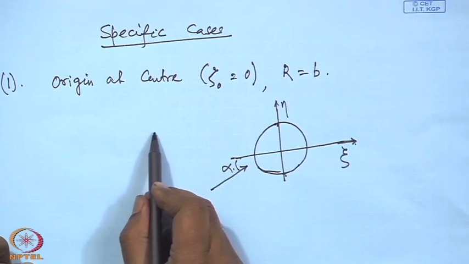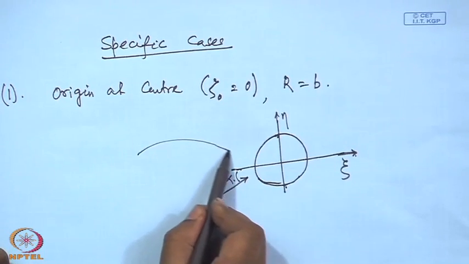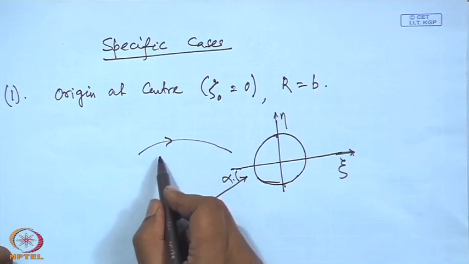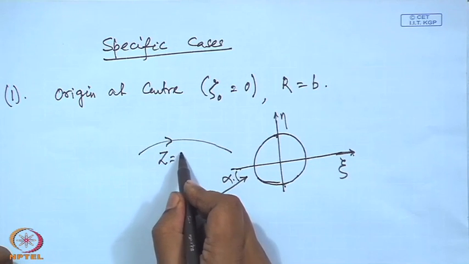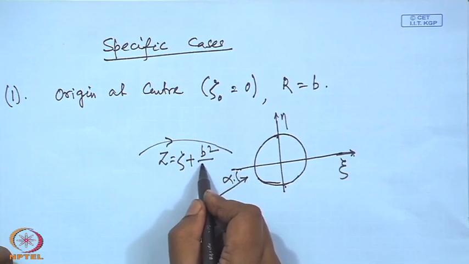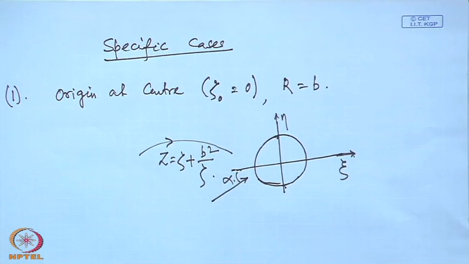Now, what will be the transformed geometry?